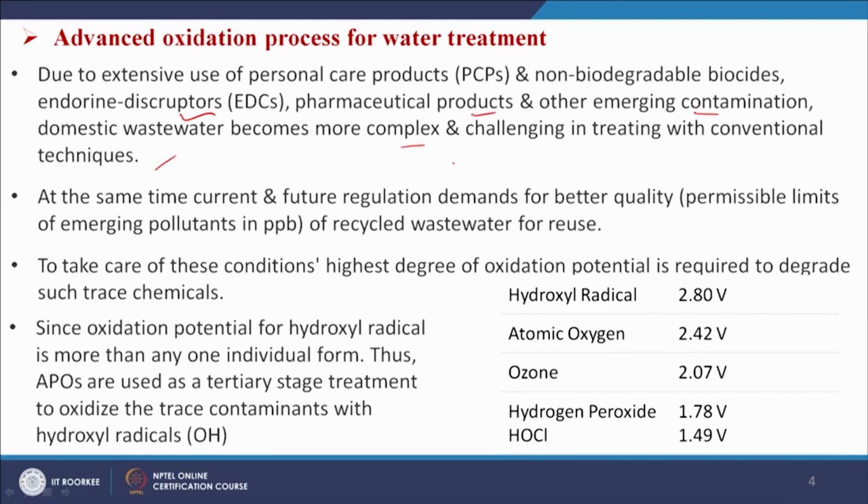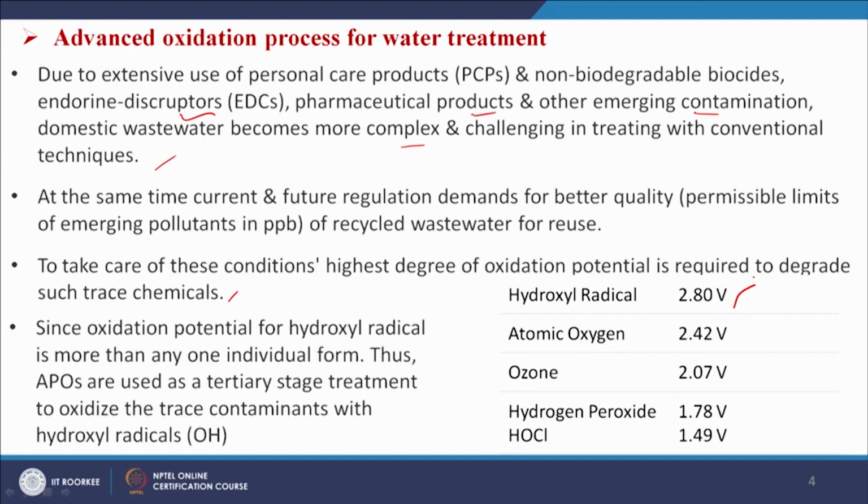And to take care of these conditions, the highest degree of oxidation potential is required to degrade such trace chemicals. Now, if we see the normally used oxidizing agents like HOCl, hydrogen peroxide, ozone, atomic oxygen and hydroxyl radical, out of these the maximum oxidation potential is for hydroxyl radical, that is 2.80 volt.